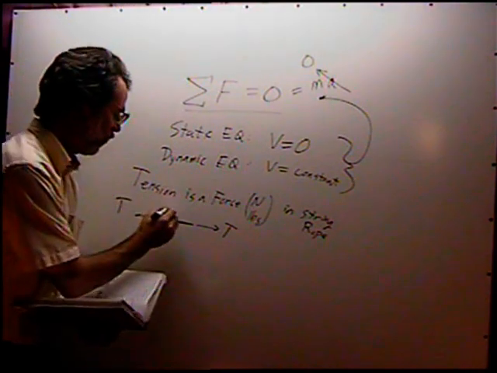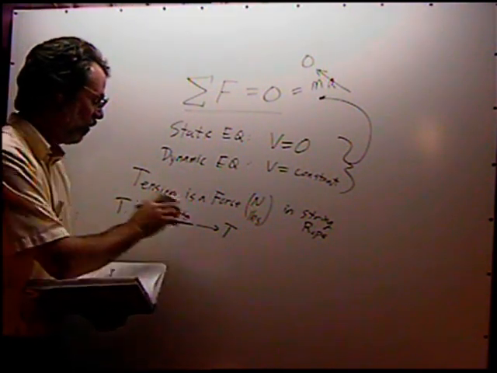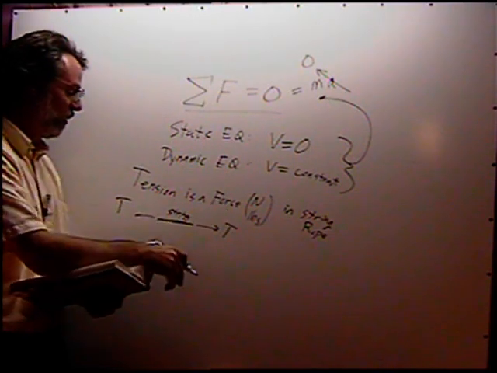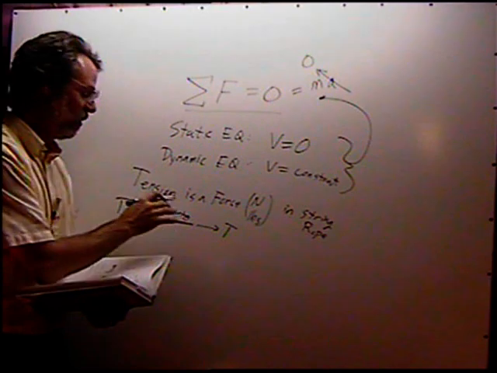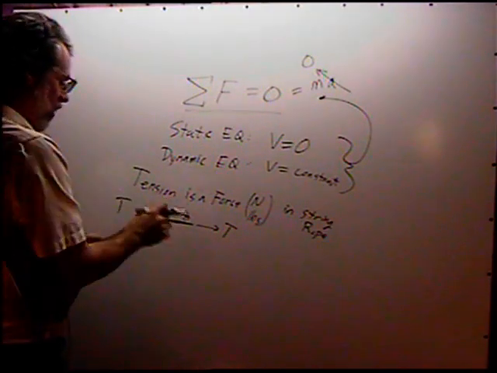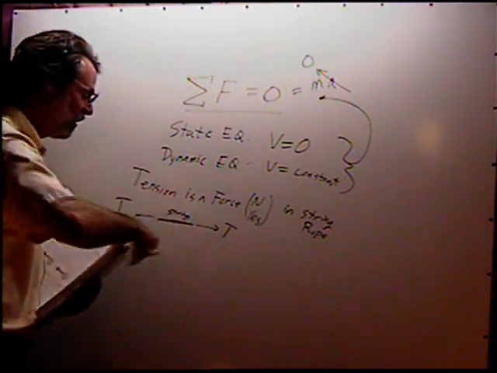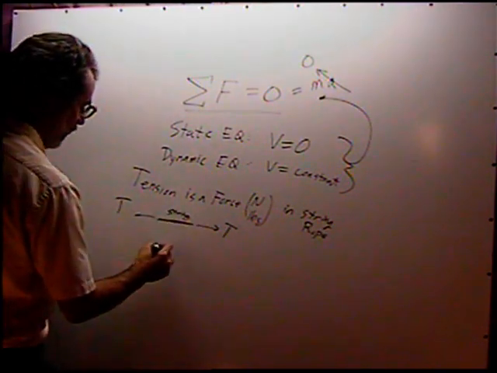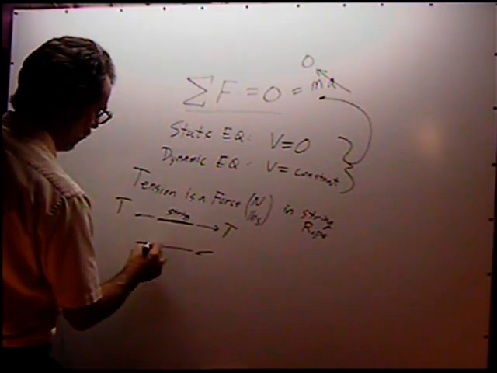If this was a string, the tension acts to pull the string apart, pulling the thing in either direction. That's a tension. The opposite to that is compression, where you're actually compressing this.